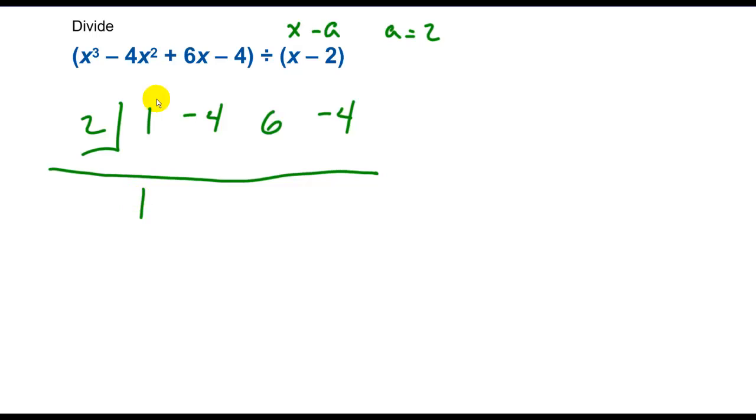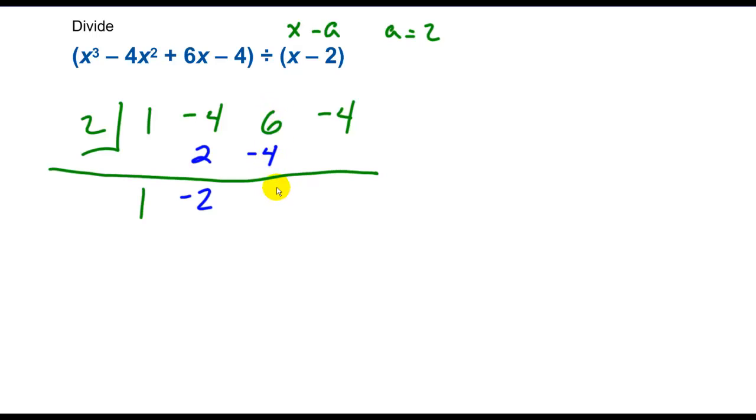Now, here's our repetitive process. We take the 2, multiply it by this number here, put the product under the next coefficient term, and then we add. So this is negative 4 and 2, which is negative 2. Then we repeat the process: 2 times negative 2 this time.